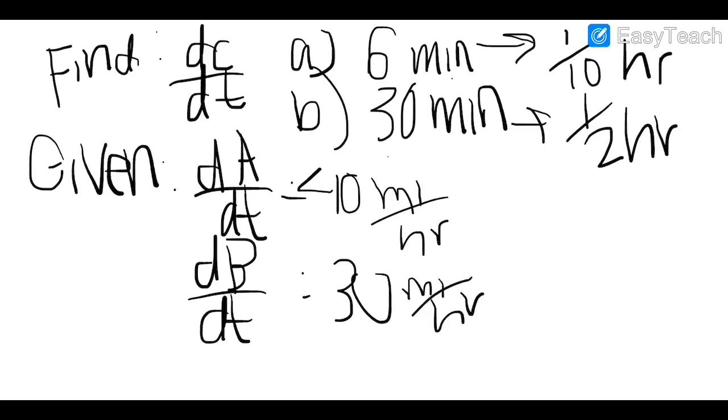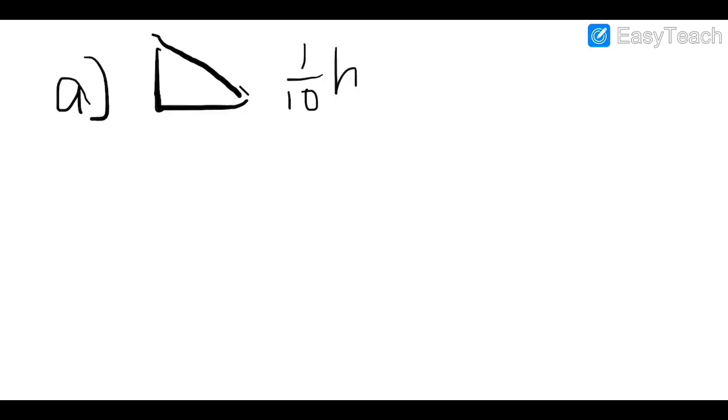Okay, so I'm going to flip a new page to get started on A, which is how fast the distance is changing 6 minutes later. So, starting with A. We're going to need to draw a new triangle so we can fill in the amount. So A is 1/10 of an hour, which we just converted in our find.